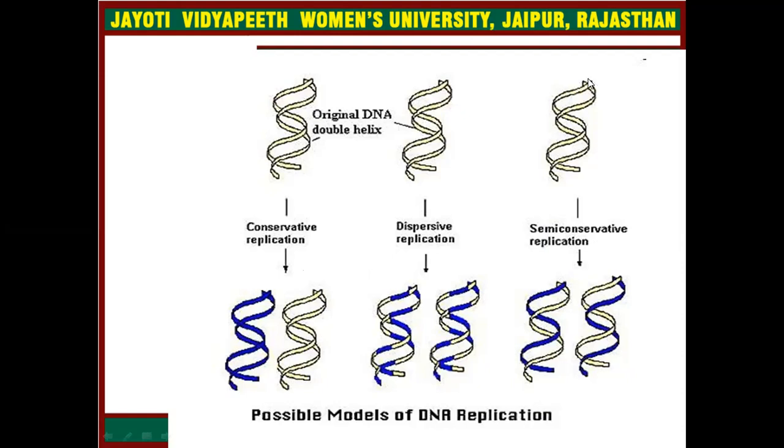Simply, both strands will denature from each other, and each strand will create its own complementary new strand, and that's why they have a 50-50 population of old and new. That's why we are calling it semi-conservative replication.